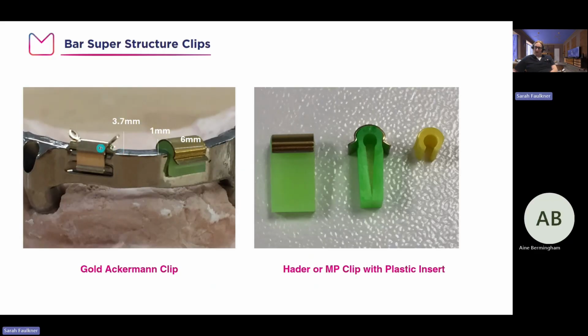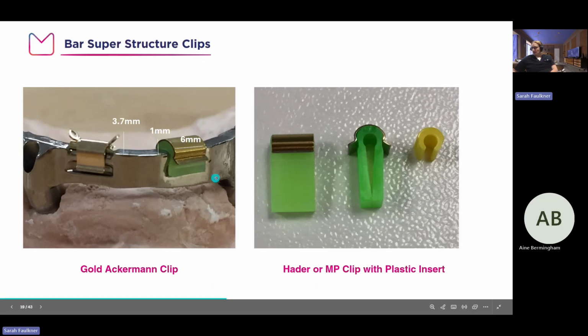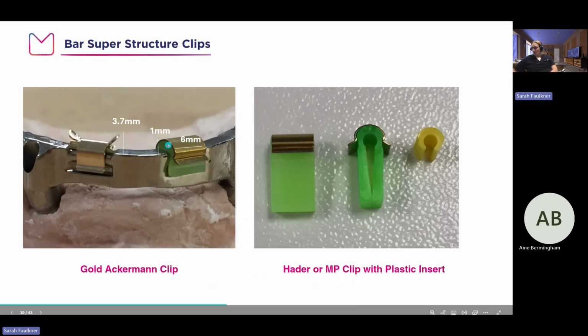And then whenever we take that out post manufacturing, there is a gap for that. So therefore that clip will sit passively and offer that resilience. But again, you have to have a look at the size proportions. So the Ackermann, you can see, is taking a 3.7 for its retentive element, where in comparison, the header or the MP clip with the insert is 1 millimeter overall.